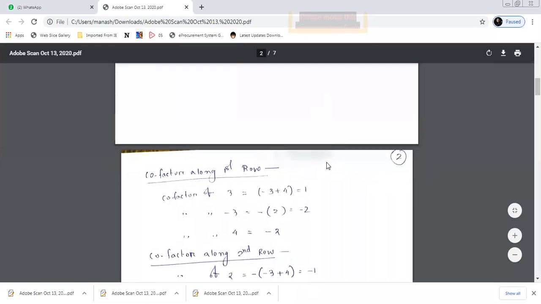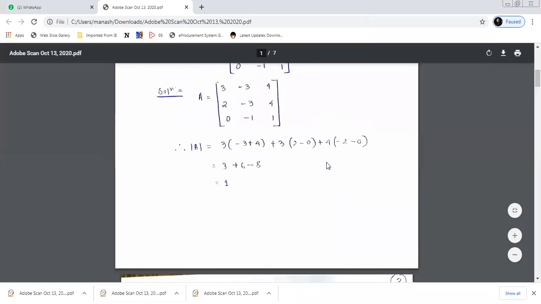To find the cofactor of 3, you have to exclude this entire row and this entire column. Now you will get a second order determinant, which is minus 3, 4, minus 1, 1. So now if you find the determinant of this, then what do you get?